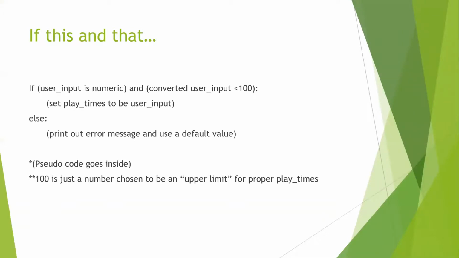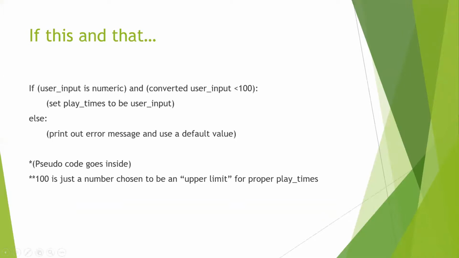So let's think about the action of converting the integers from strings. So if user input is numeric and converted user input is less than 100, then, and only then, if both conditions match, we will set the playtimes to be user input. And else, if one of them or both of them fails, then we want to print out the error message and use a default value.